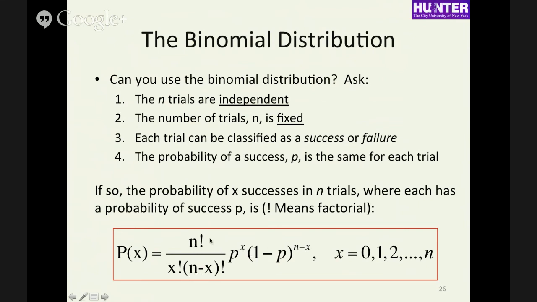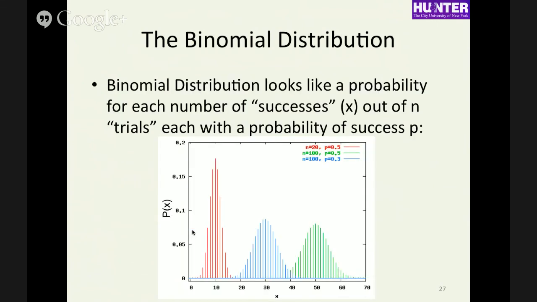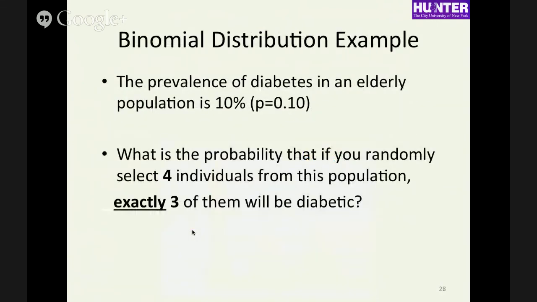You'd use the factorial here, and you get the probability of having 10 successes out of 20. This isn't so bad to do once you have a spreadsheet. It is problematic if you start getting into really large n. If you try to take 1,000 factorial, you're going to have a problem in Excel. That's why we get to the large sample probability.